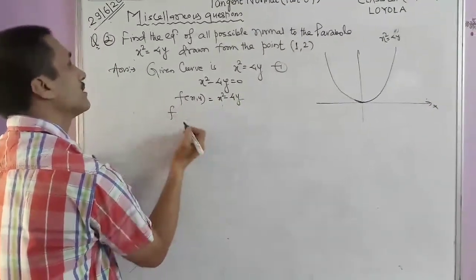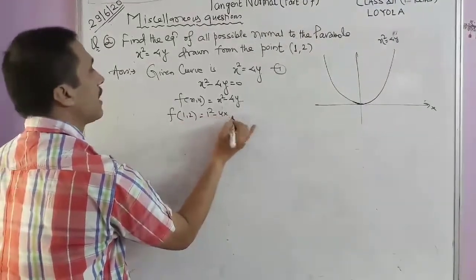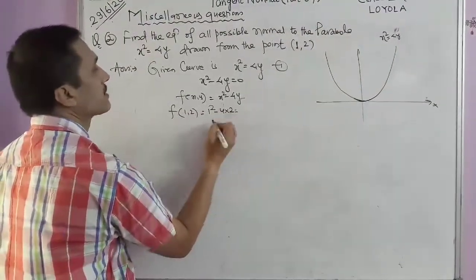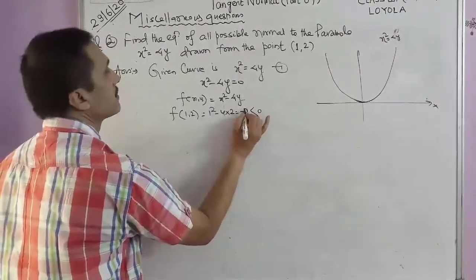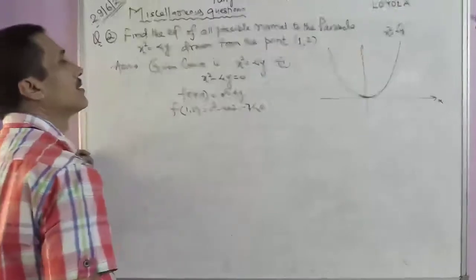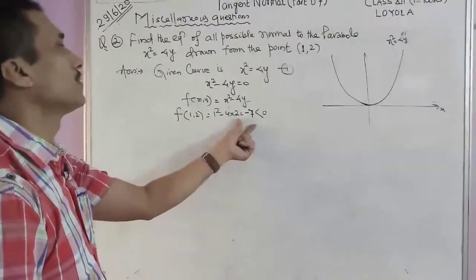For the point (1, 2), 1 square minus 4 into 2, that is 1 minus 8, minus 7, is less than 0.